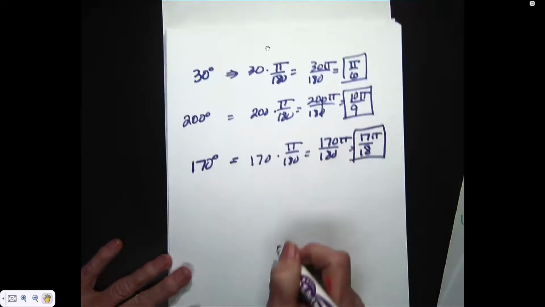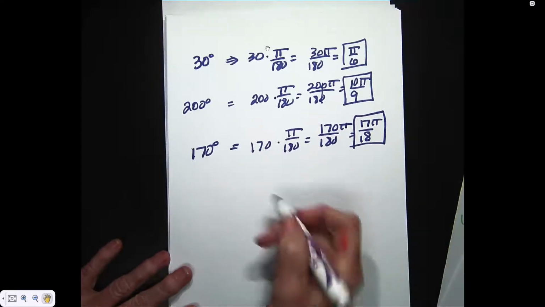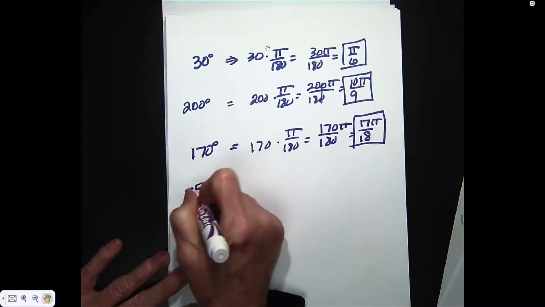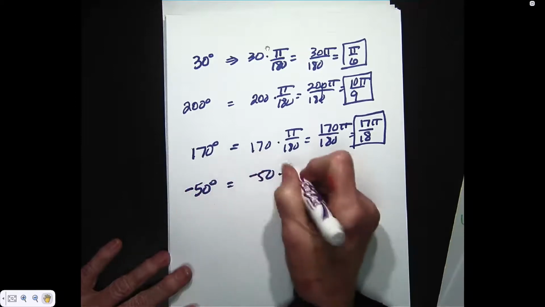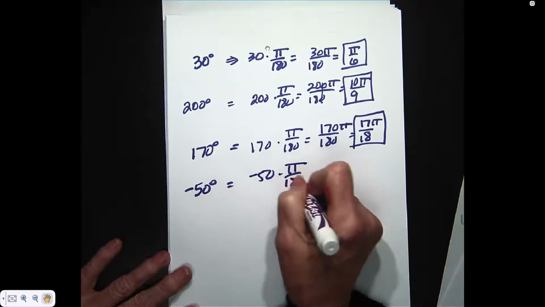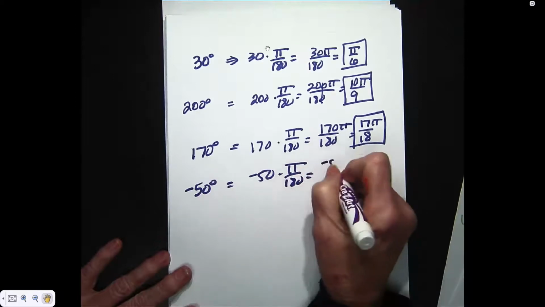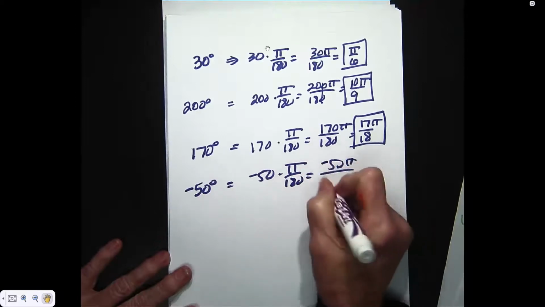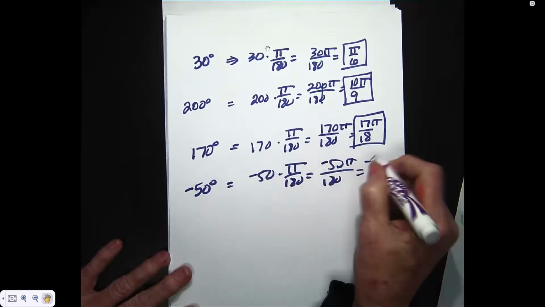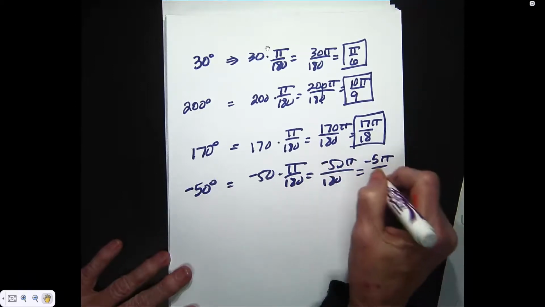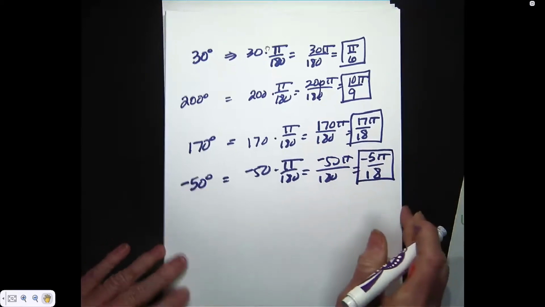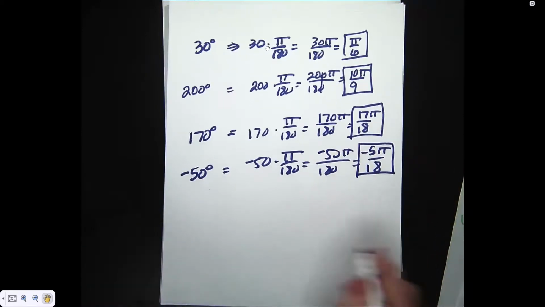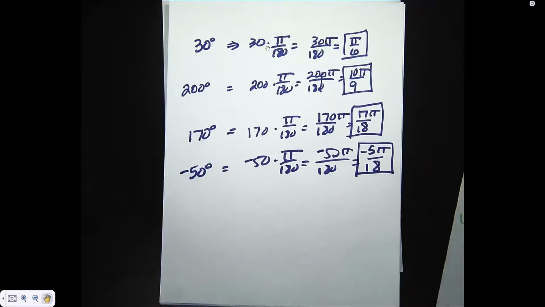If I said negative 50 degrees, so negative 50. There you go. So some nice simple problems to do. Again, it's the degree times pi over 180.